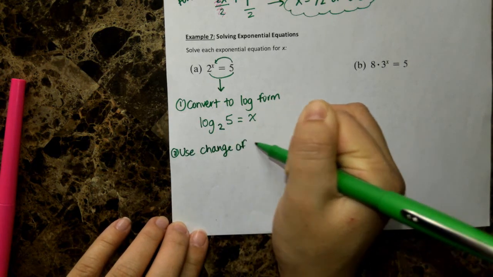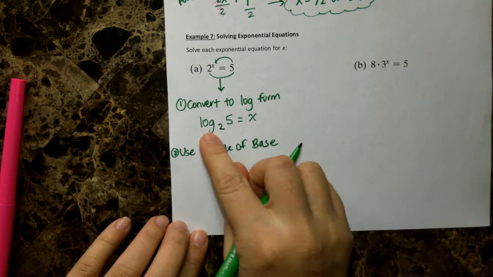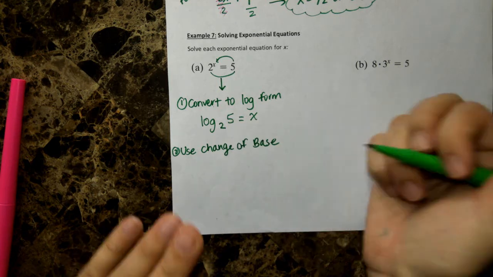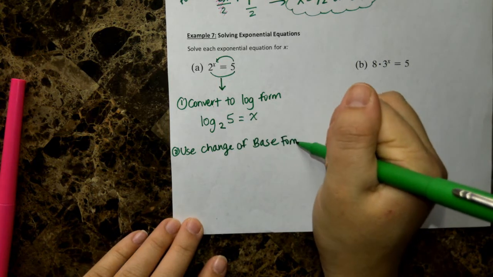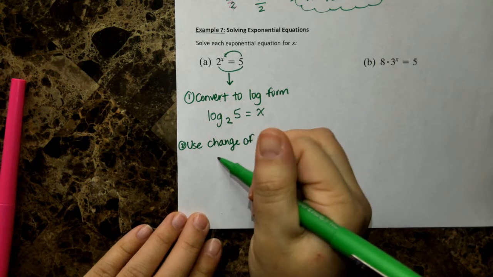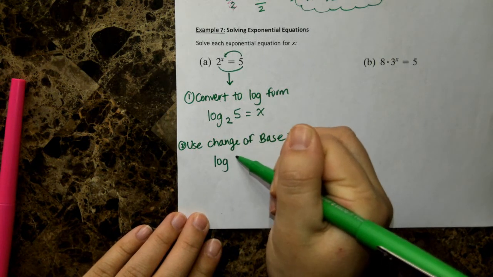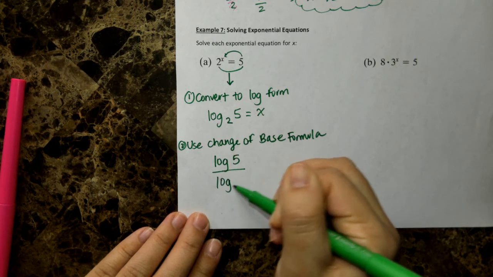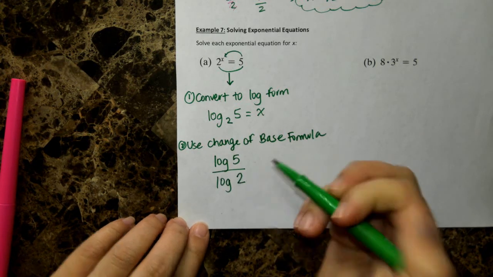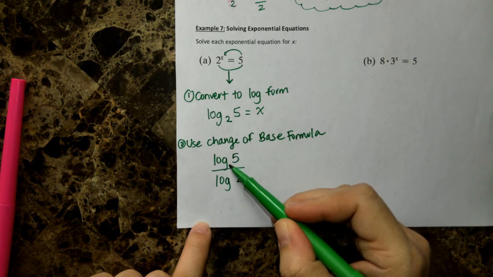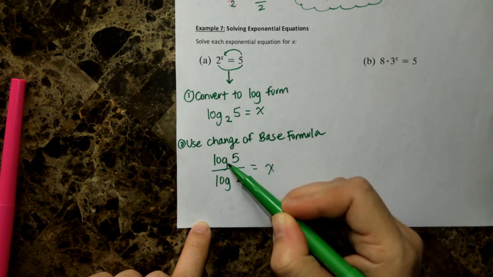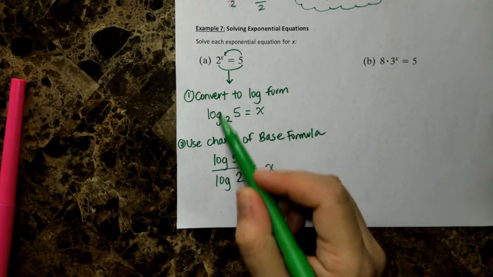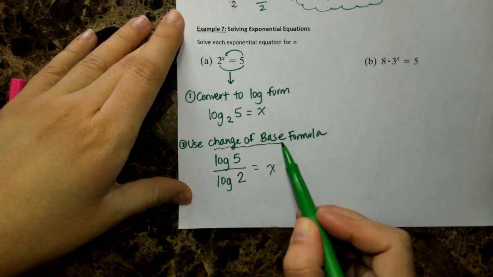Anytime you have a logarithm of some constant, like these are both numbers, and you want to calculate that, you can always rewrite this as log base 10 of 5 divided by log base 10 of 2. If you want, you can put little 10s there, or you can leave them off. Those two values equal each other using the change of base formula that we learned about last chapter.